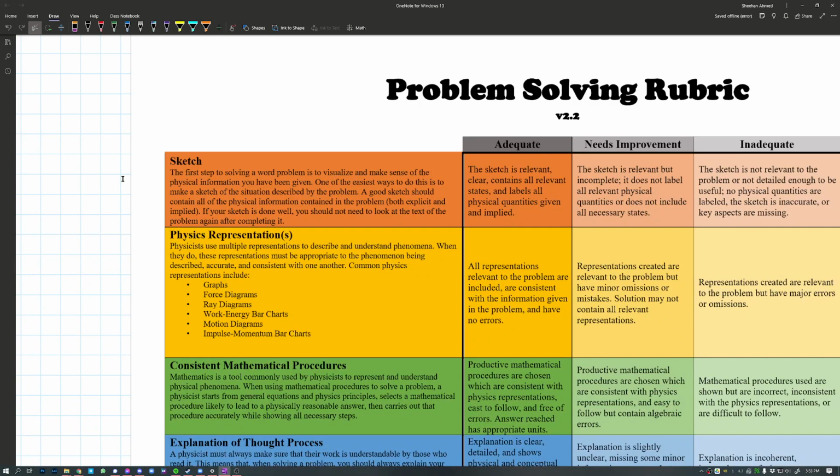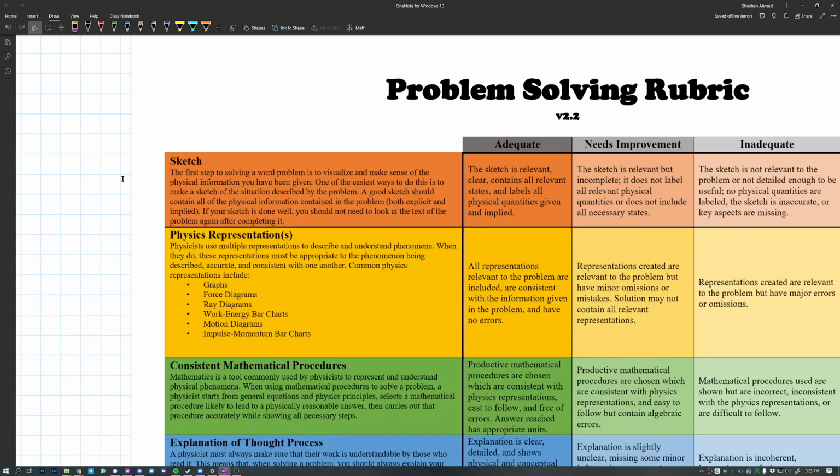I'm going to look at if you're visualizing the problem correctly, if you interpreted the problem correctly. One of the easiest ways to do that is to make a sketch of the situation described. A good sketch should contain all of the physical information contained in the problem, both explicit and implied. If your sketch is done well, you should not need to look at the text of the problem again after completing it. That's a good point to keep in mind.